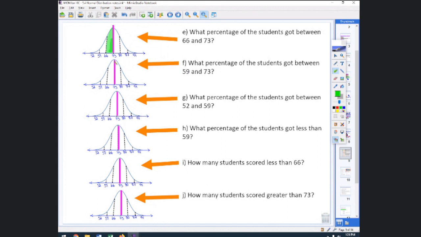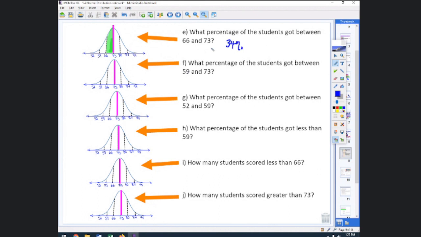So between 66 and 73, can someone tell me what percentage they think that is? Is it 34%? Anyone? Is it 34%? 34%, excellent.